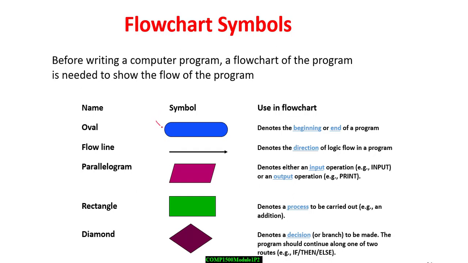We have the oval, which is the beginning and the end. Directed lines. We have the parallelogram, which denotes the operation. We have the process, which is a rectangle. And we have the diamond, which is used for decision making, selection.